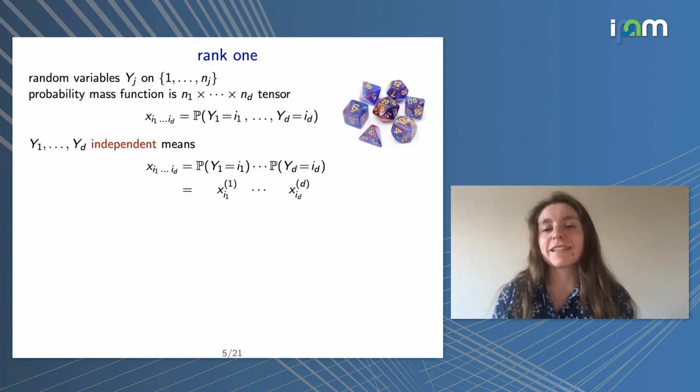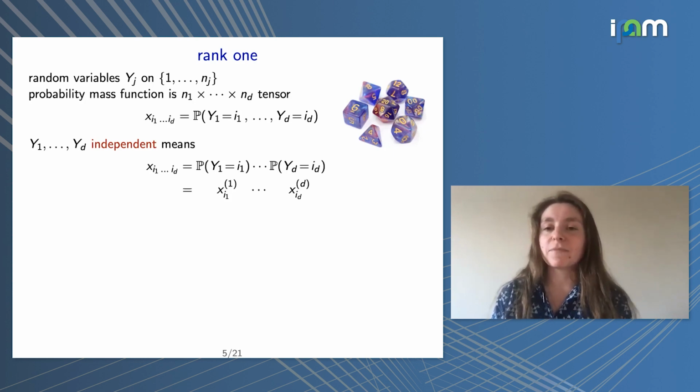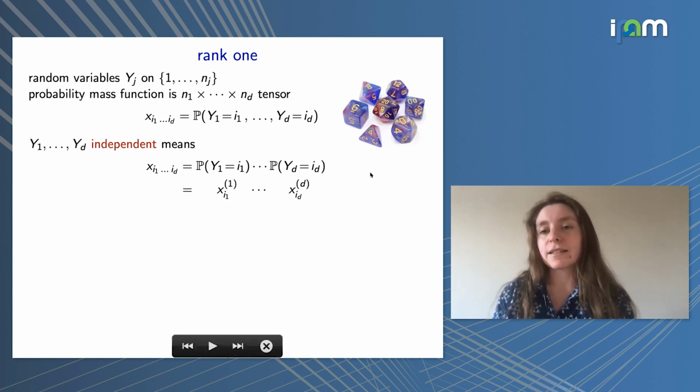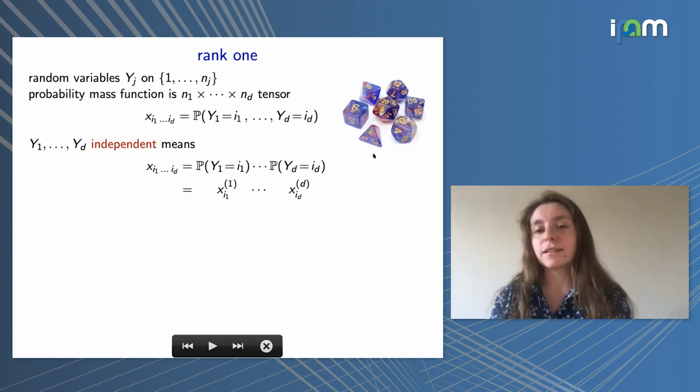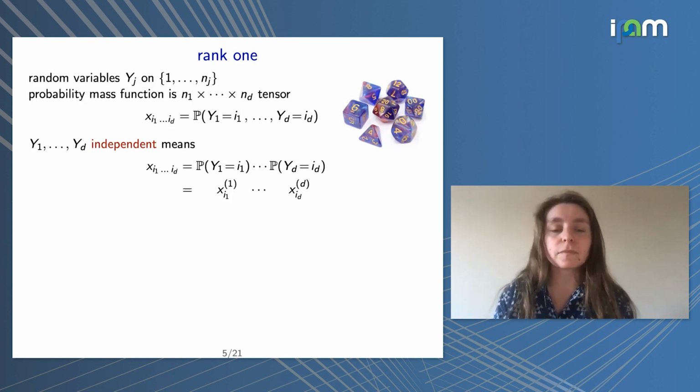So for instance, if we're thinking about our random variables as being some dice or weighted dice, then we might expect that they will all be independent. And so we would roll a collection of dice and record the tuple of numbers that we get in our tensor.